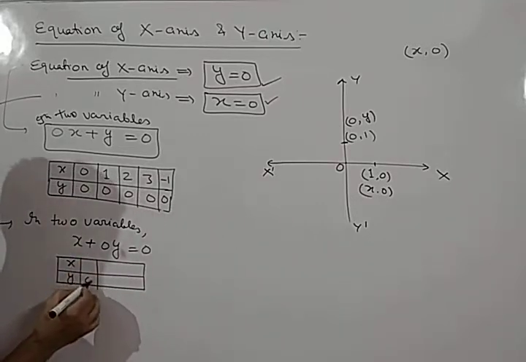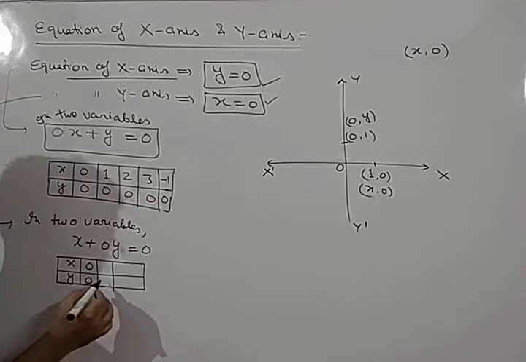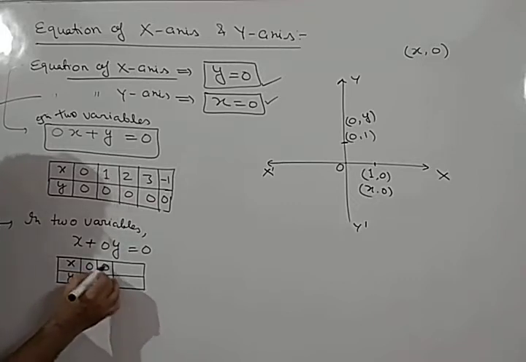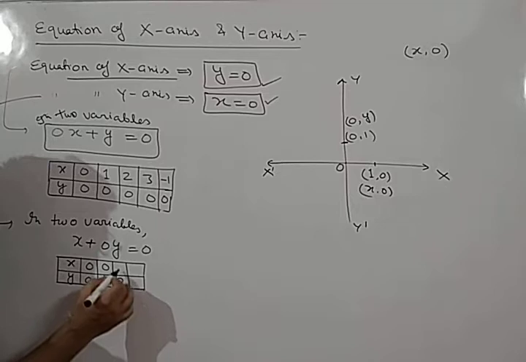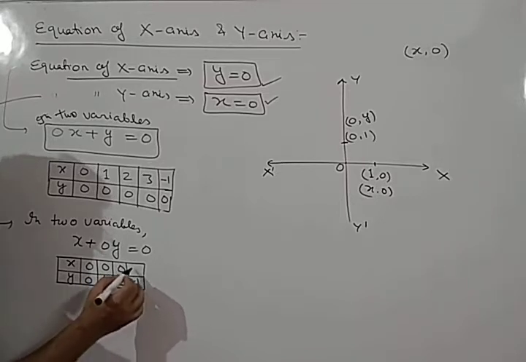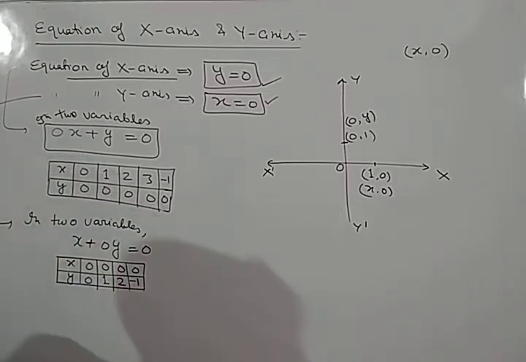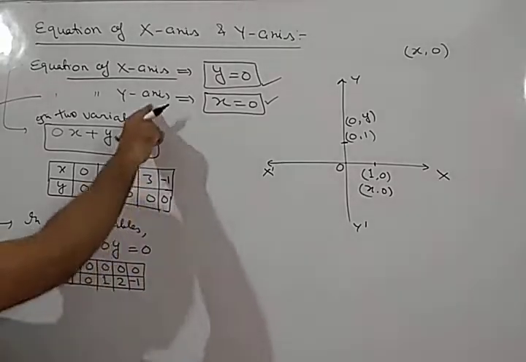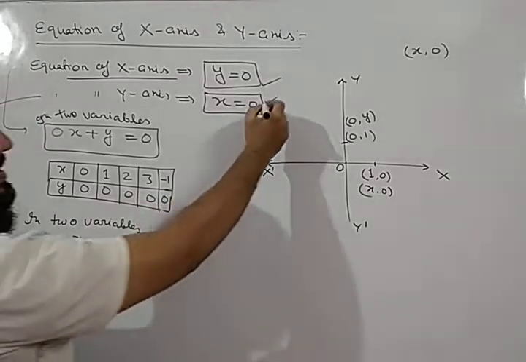If we take y equal to 0, then x equal to 0. If y equal to 1, then x equal to 0. If y equal to 2, then x equal to 0. If y equal to minus 1, then x equal to 0. So this is the equation of the y-axis in two variables, and this is the simple form.